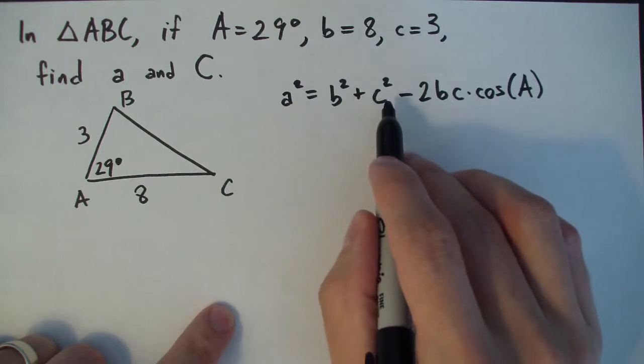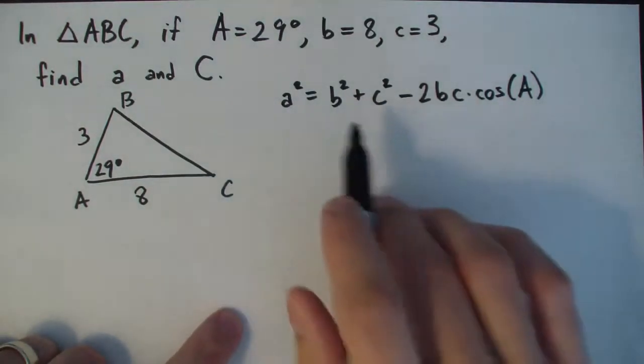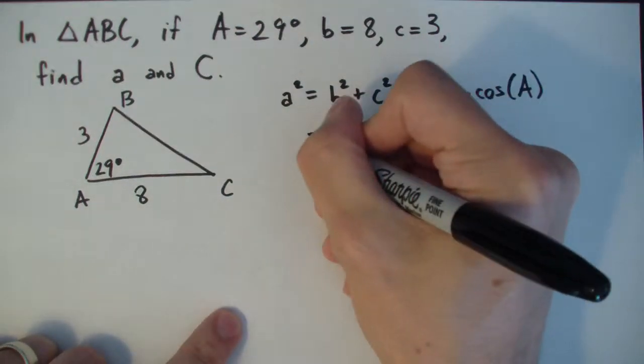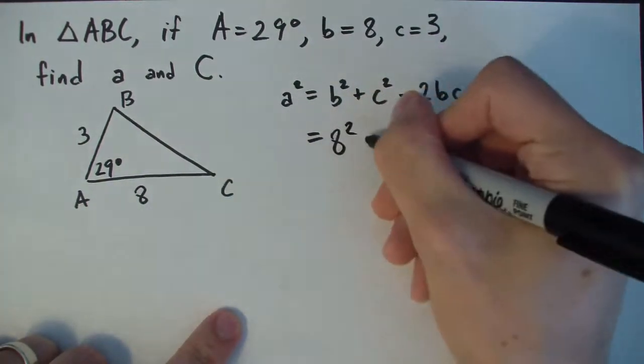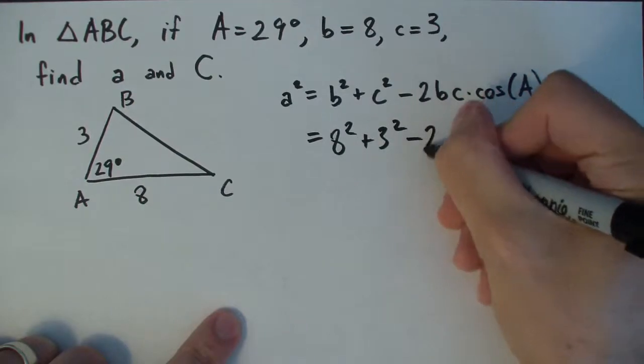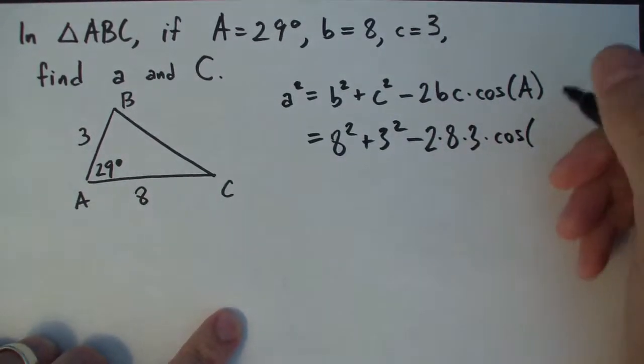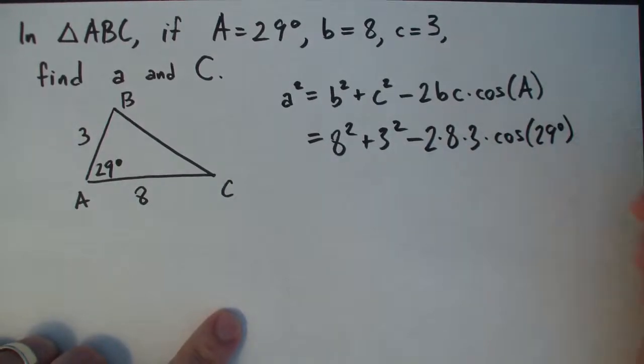We have b, we have c, and we have angle A. And so that'll allow us to solve and find side A. So plugging in, we get a squared equals 8 squared plus 3 squared minus 2 times 8 times 3 times cosine of 29 degrees.